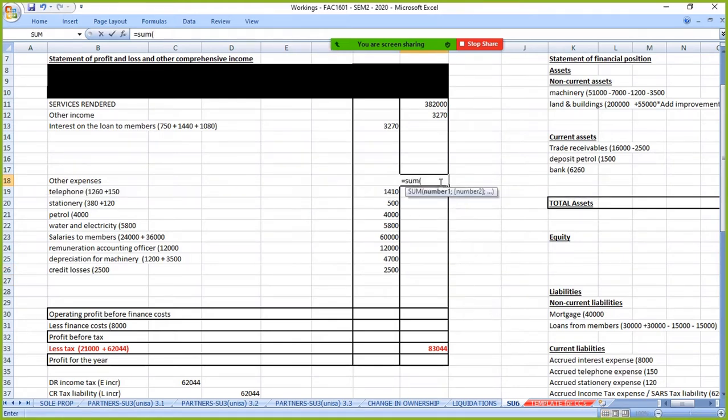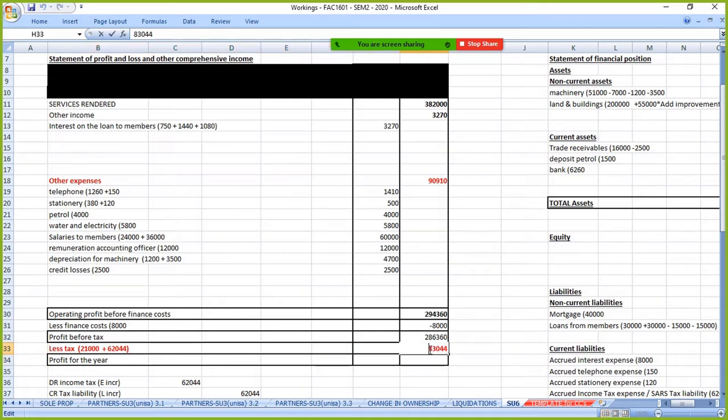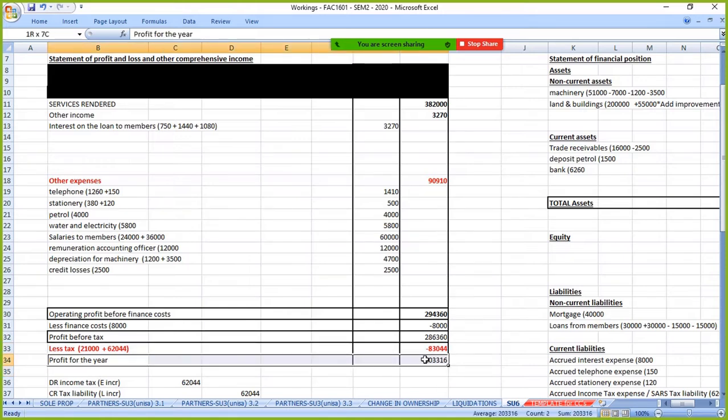Add up. Remember, expenses are negative, so I'm just going to put it in red just to show it as a negative. Obviously, you would show it in a bracket. So add and subtract. This amount is going to be this plus that minus this is that figure. Less finance cost of 8,000, gives me that figure. Less tax of that. I'm going to make this a negative. Gives me that figure. There's the profit for the year.